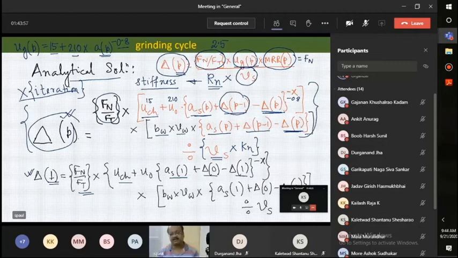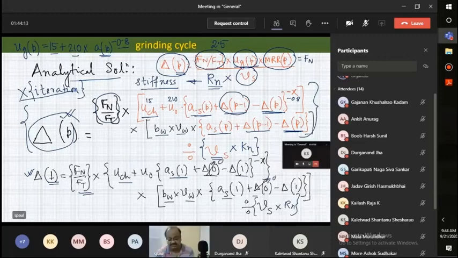So I have shown 3 techniques to solve grinding cycle problems. So let me summarize. The first technique is the tabular form. In tabular form, there is an assumption. What is that assumption? That assumption is not correct. But still we have used it just to give you the initial demonstration cycle.